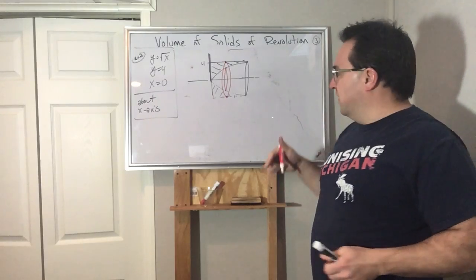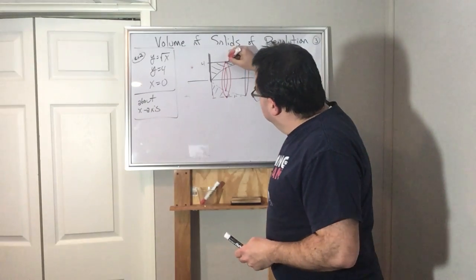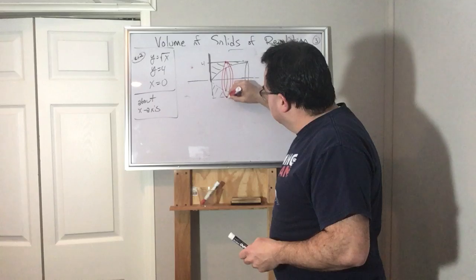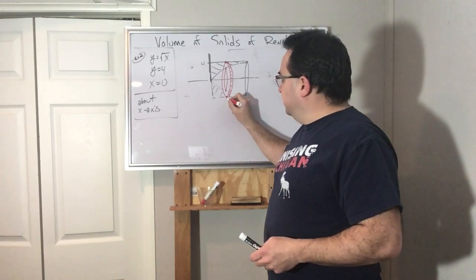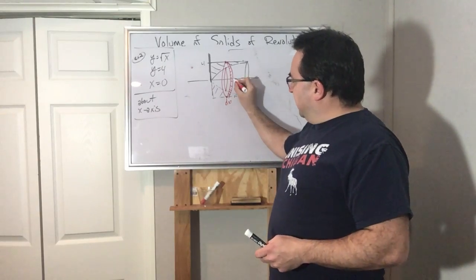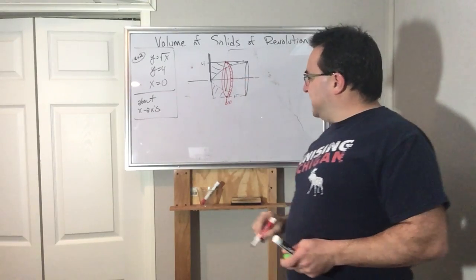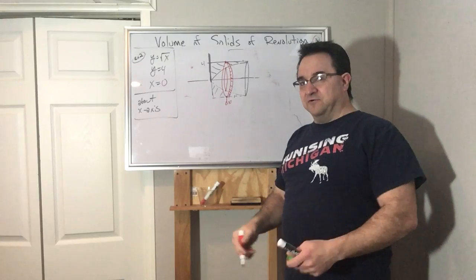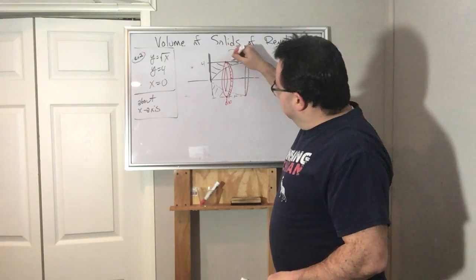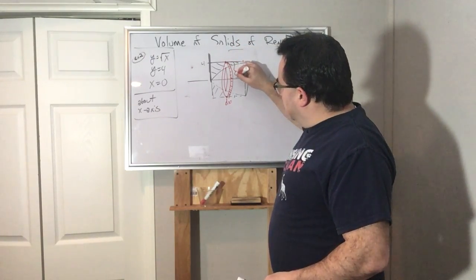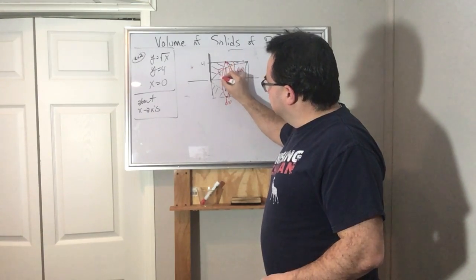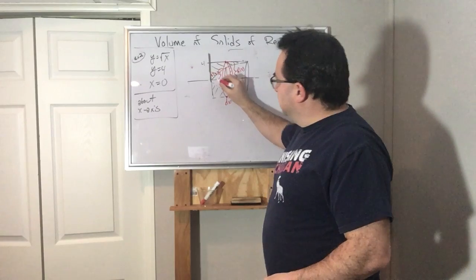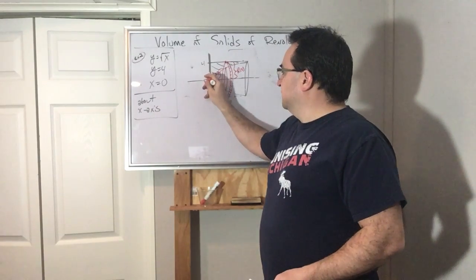And here is my thickness. That is a dx thickness. I would have to put my ruler down on the x-axis to measure how thick that is. Here is the large radius. Here is the small radius. The small radius is the curve.